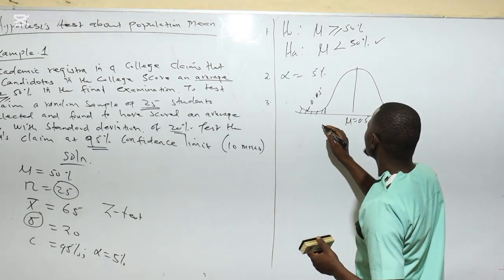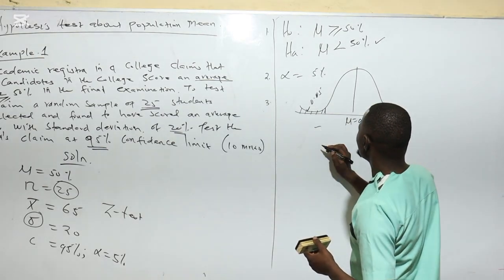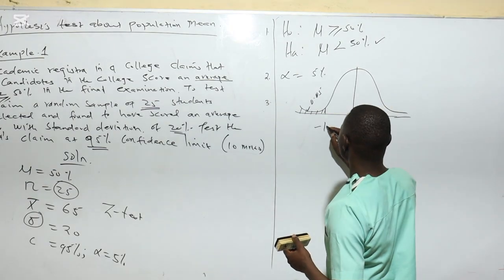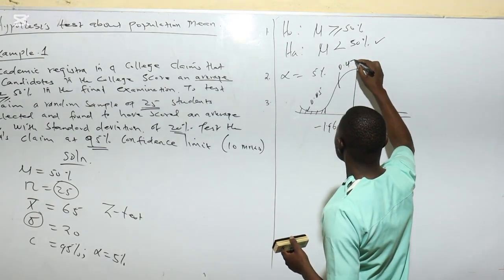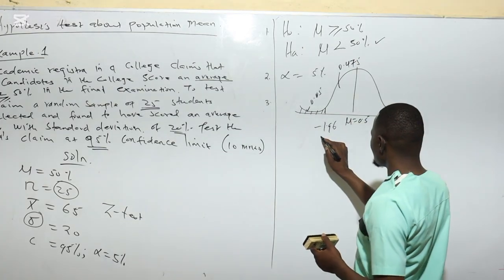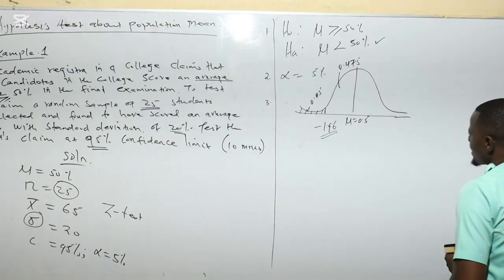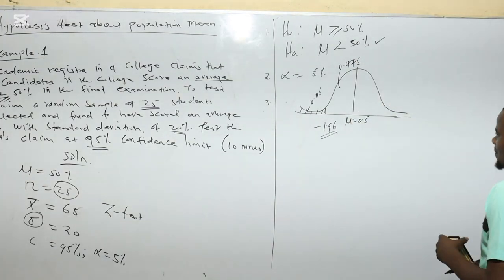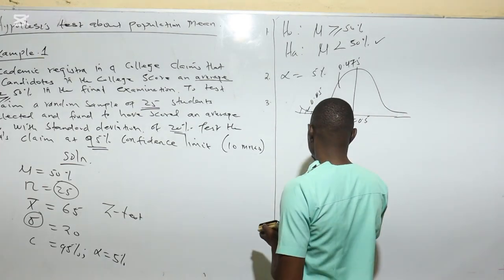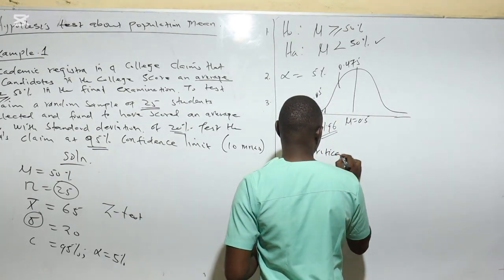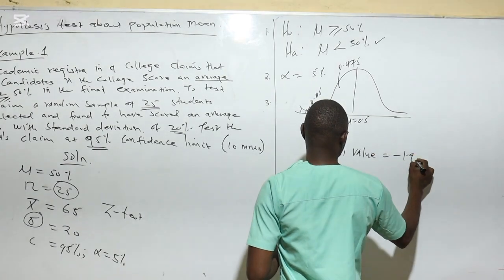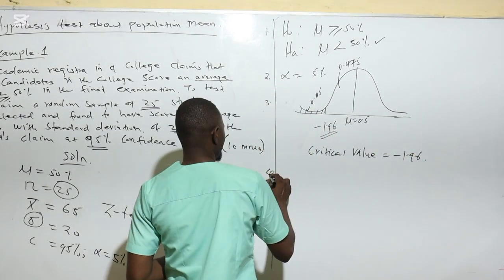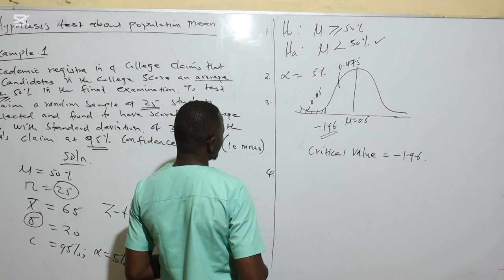And my critical value is negative because it is to the left, negative 1.96. Remember, you will read 0.475. You look for it. The Z corresponding to it is negative 1.96 to the left. So I have my critical value. Critical value is negative 1.96.